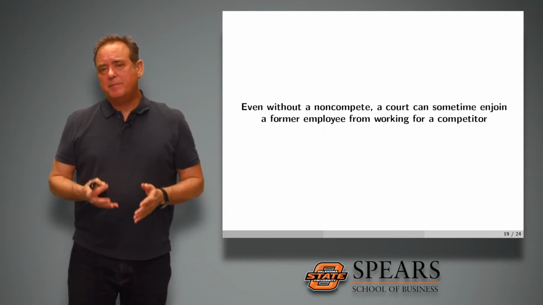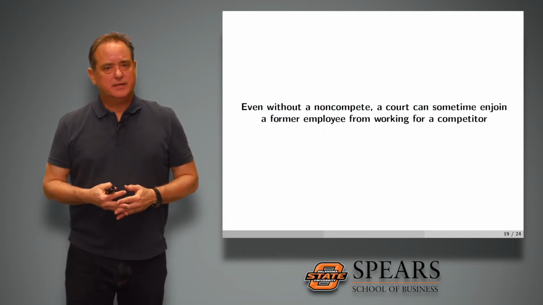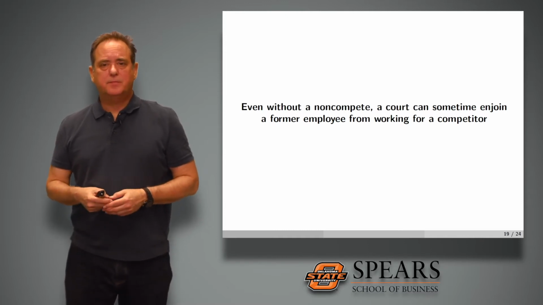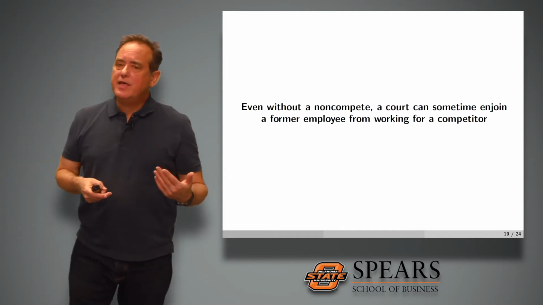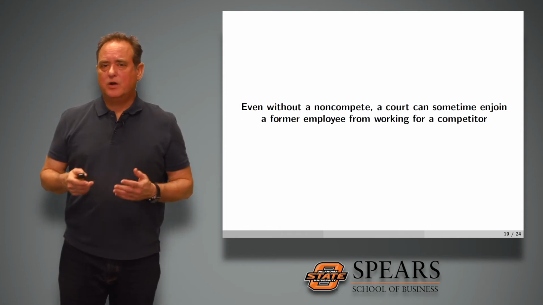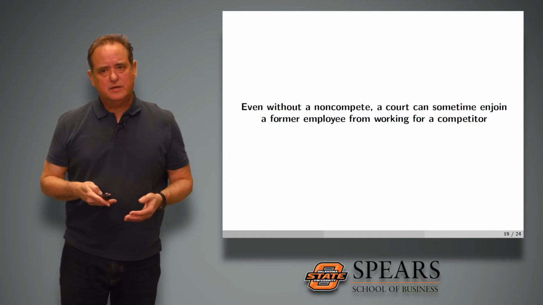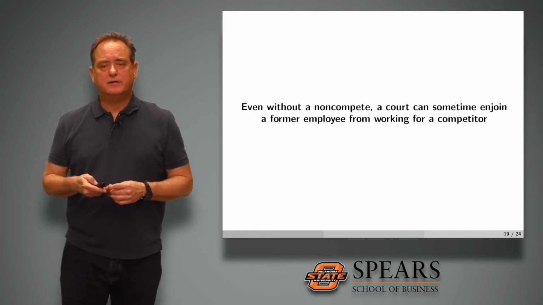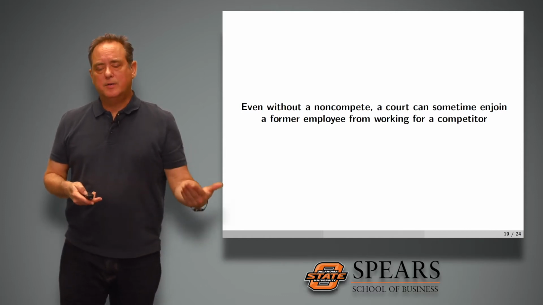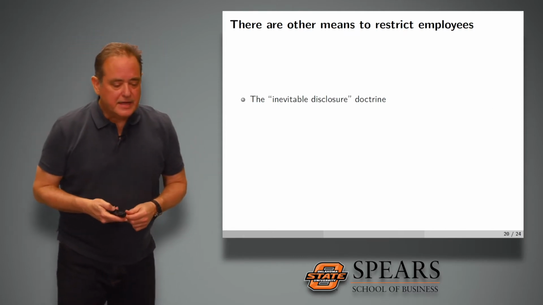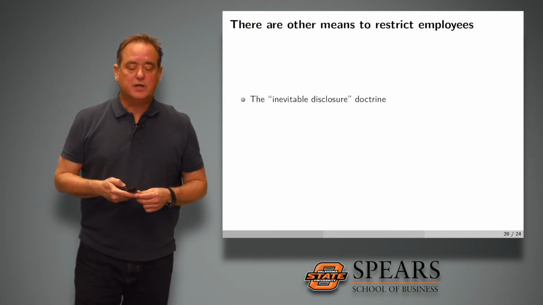Finally, we talk about the means of restricting employee mobility that are outside of the non-competition agreement. Even without a non-competition agreement, a court can sometimes enjoin a former employee from working for a competitor using other means. The first of these is what's called the inevitable disclosure doctrine.